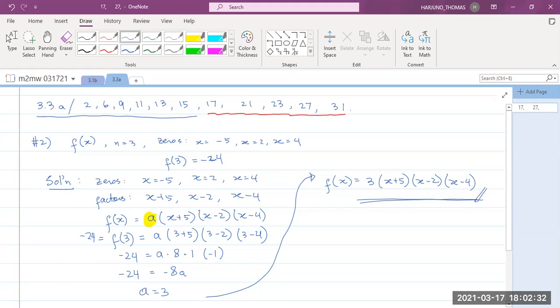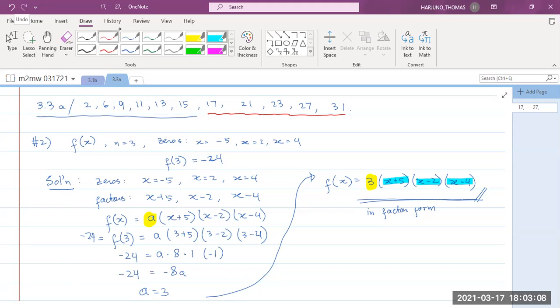But this is a polynomial in factored form. What is polynomial in factored form? You have a leading coefficient, and each factor is a linear factor, must be x plus something or x minus something, not 2x plus something, not 3x plus something. No, it has to be x plus or x minus something.